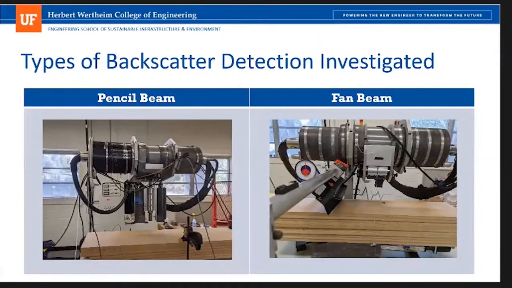If we can get it to work on the pencil beam, then we can move forward into our fan beam setup. Our fan beam works on a similar technique, but can actually take an array of pixels at one time, thus allowing us to scan at speed down a track. That has seen some use in commercialized products.